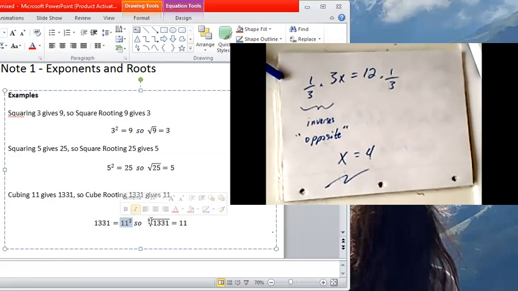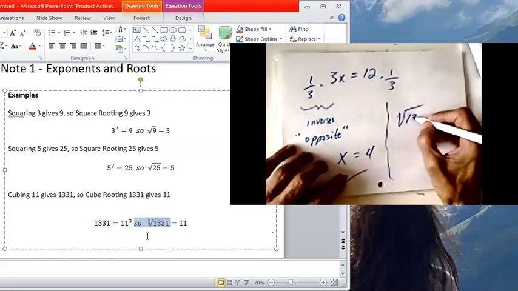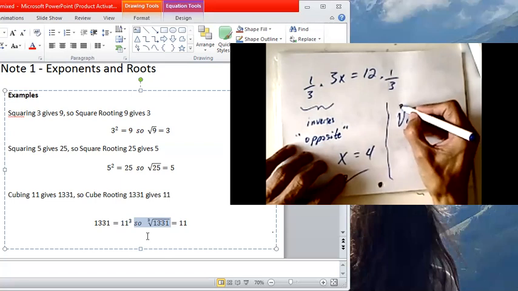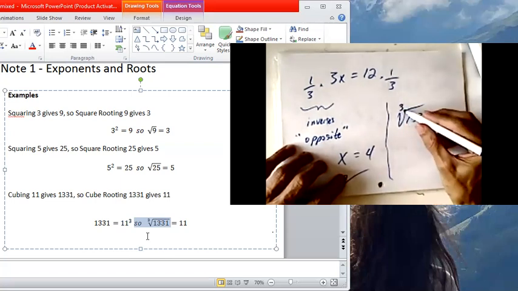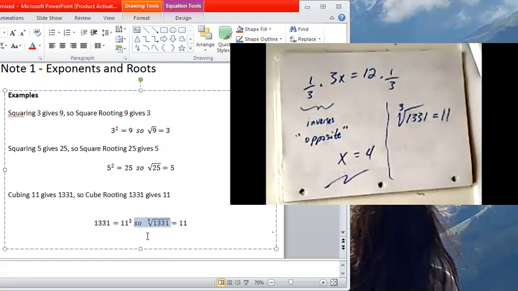I don't know if you can see that, but that's a tiny 3 right there, like this. This is better, more professional. Cube root, with a 3 over there, of 1331 is equal to 11. Just opposites.